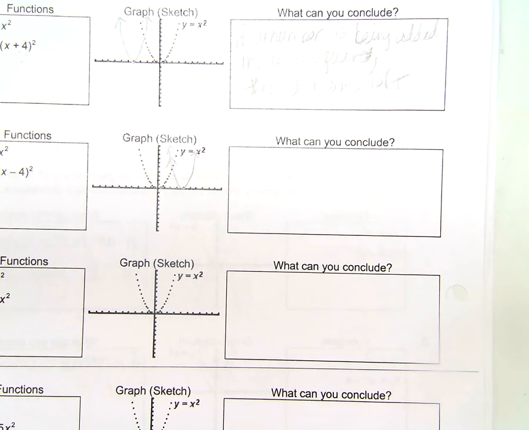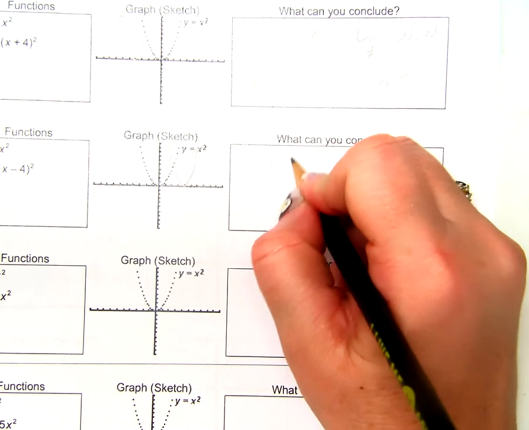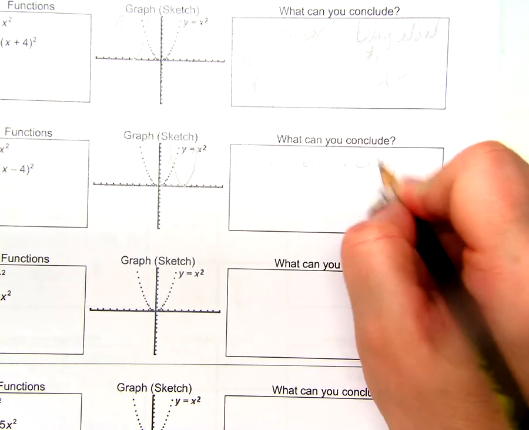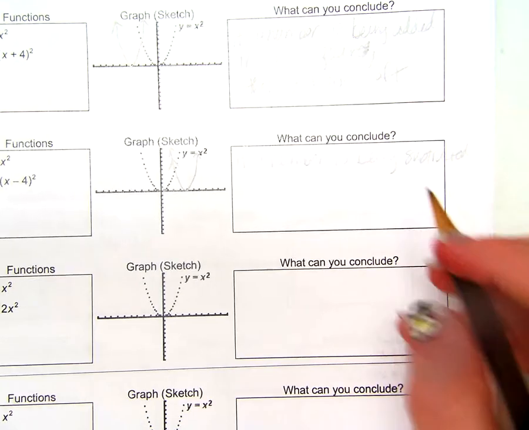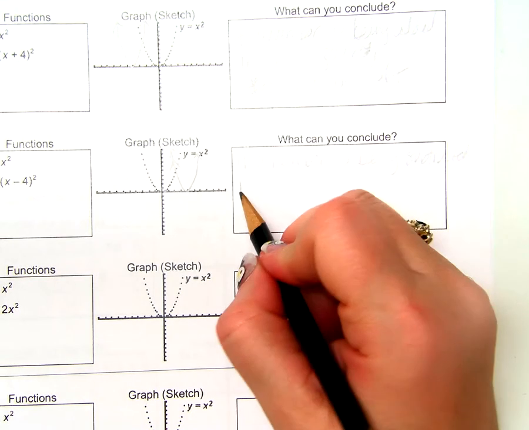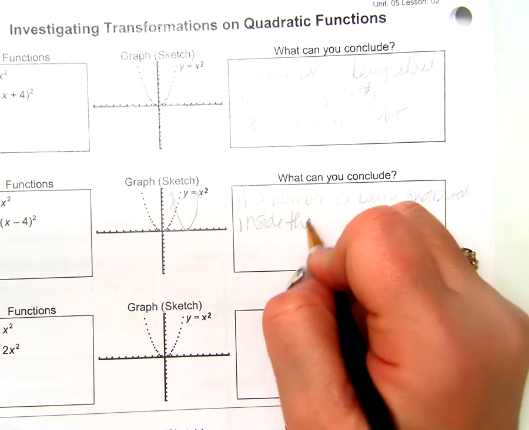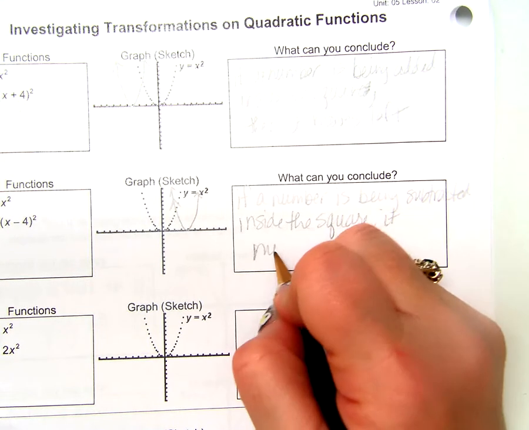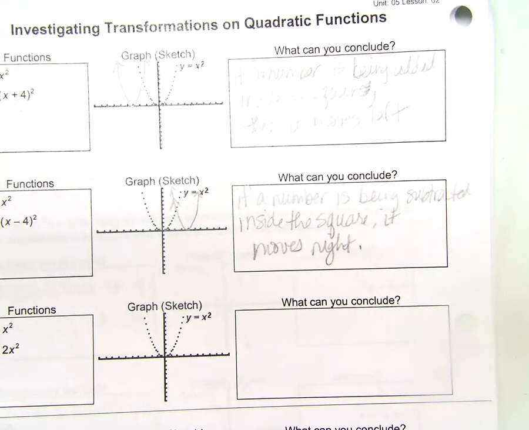So what can we conclude? If a number is being subtracted inside the square, questions so far?